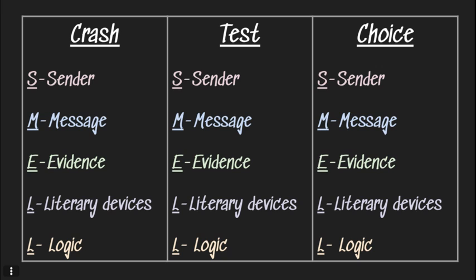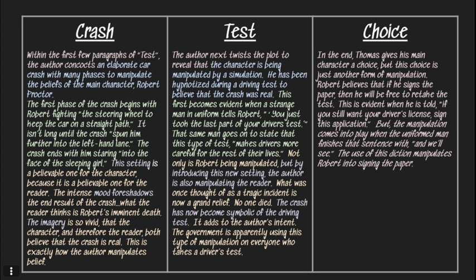And then L stands for logic. Okay, so on this next page, what you'll see is a breakdown of what that looks like. So if I were then to take my little kernel crash and expand it into the piece of popcorn, then I would start with my S, my sender.